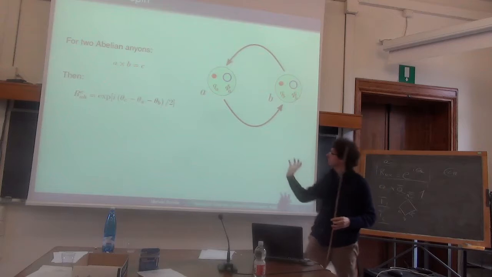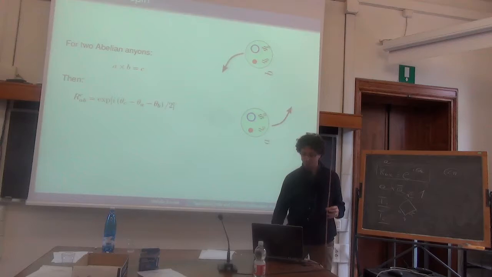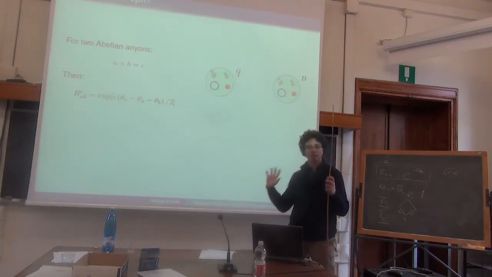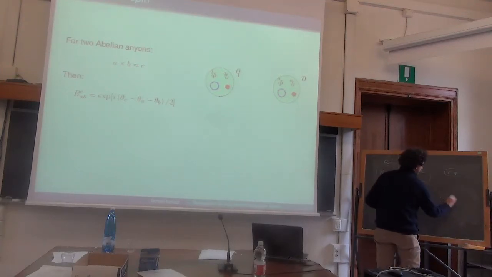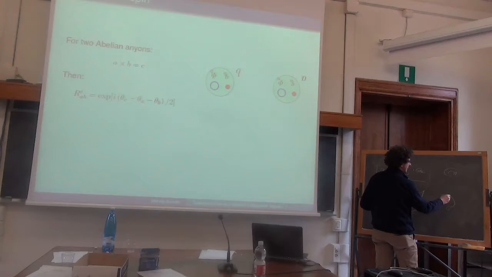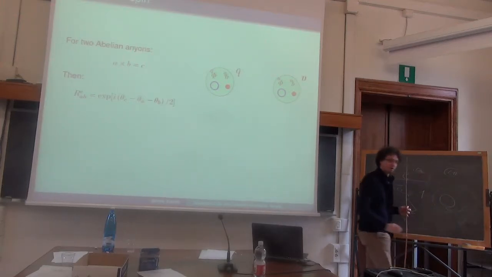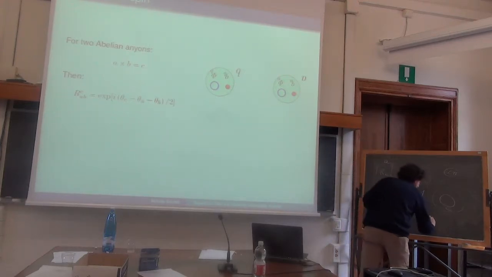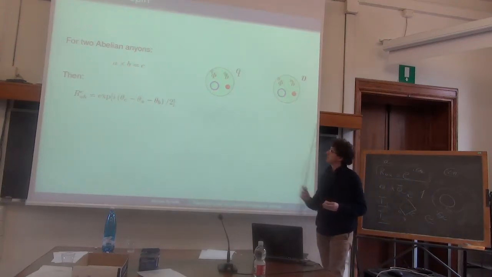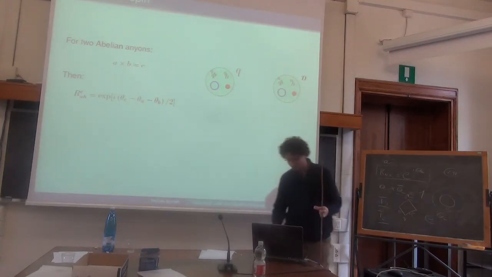If I exchange now A and B, this amounts to the following operations. First, I have to rotate by pi the full system. So I am taking this big anion C and applying a rotation of the plane, moving it around. You know that the phase that we acquire is e to the i theta C in this case. But this is not really an exchange of A and B, because I end up with A and B reversed.